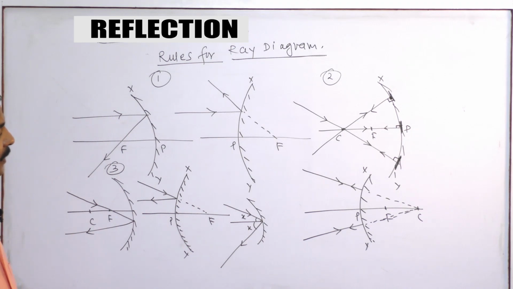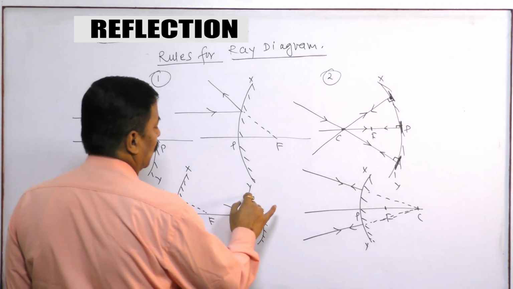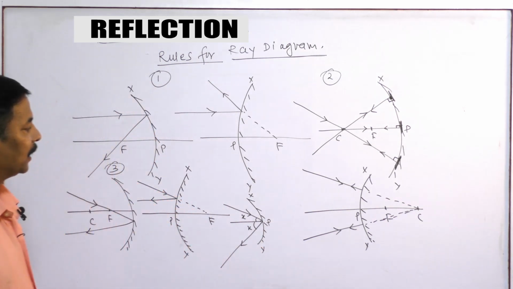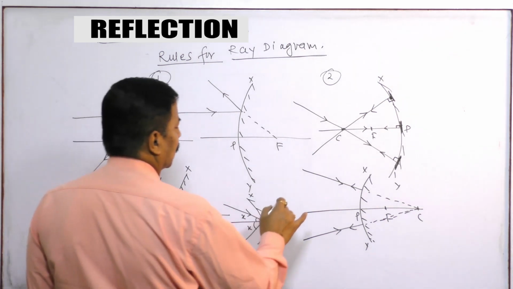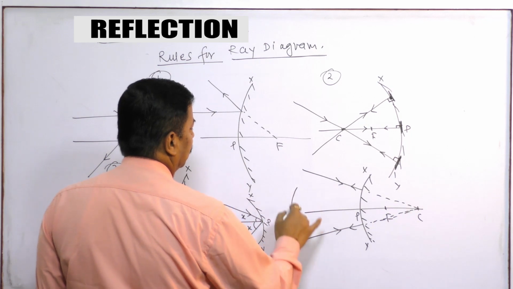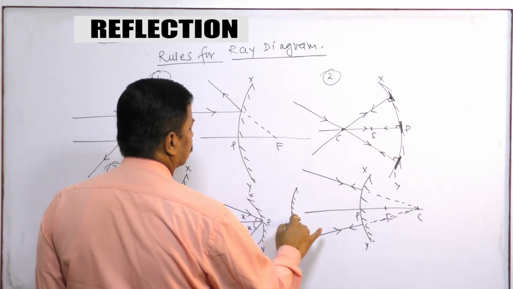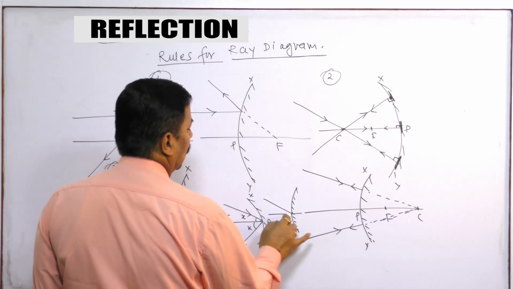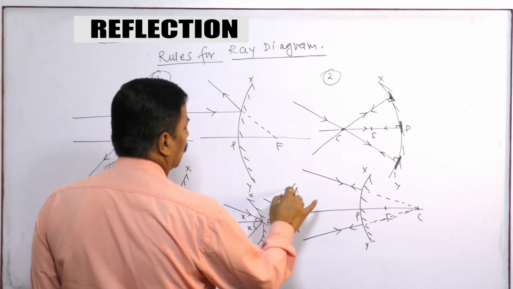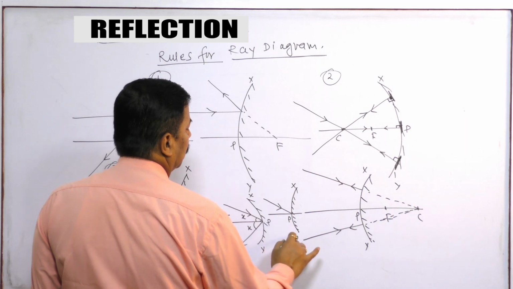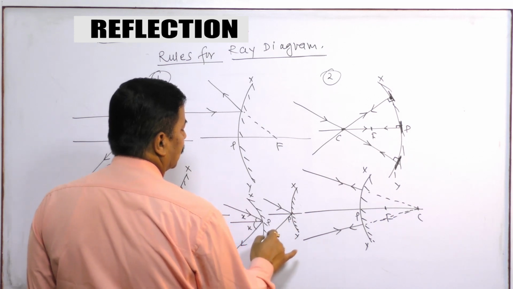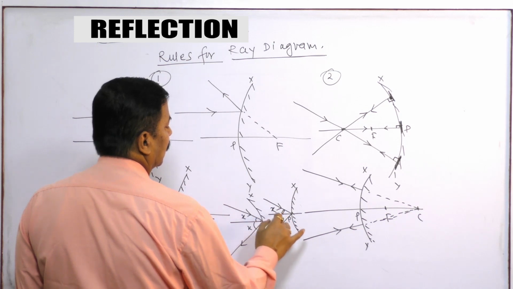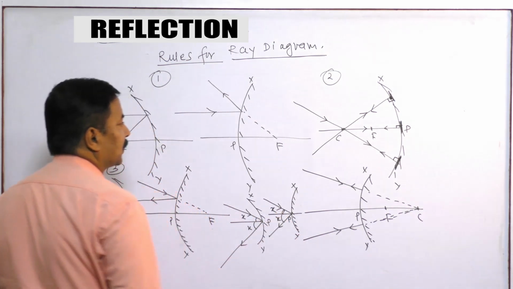In case of a convex mirror, the same rule we can apply. A ray passing through the pole will reflect symmetrically. That means this angle is x, this angle is also x.